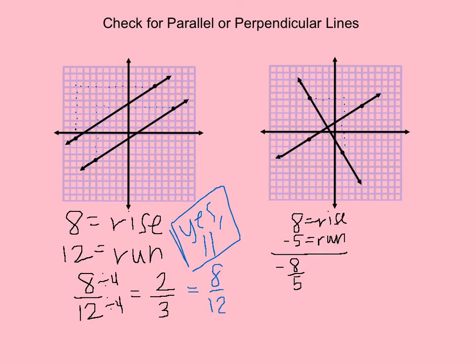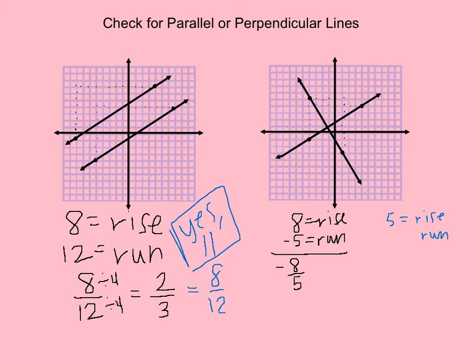Okay, so now I'm going to pick a different color, and I'm going to start at this point here and go to this point here. So up 1, 2, 3, 4, 5. Rise is 5 over 1, 2, 3, 4, 5, 6, 7, 8.